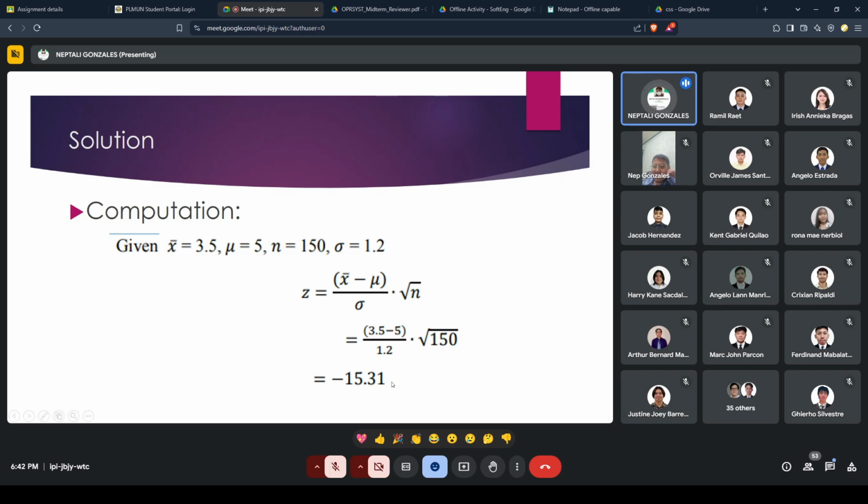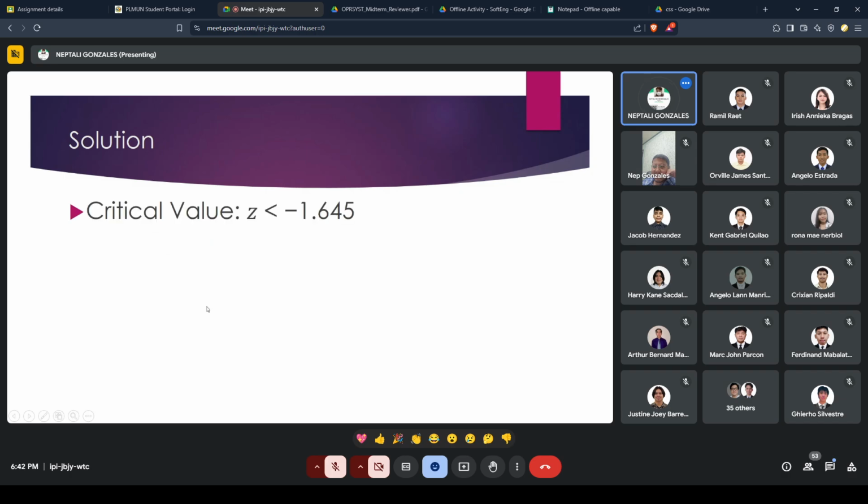And we are going to compare this in the tabular Z value. The critical value now is Z is less than negative 1.645 because this is a left tail and one-tailed lang daw. One-tailed ang ating hahanapin. Saan nakuha itong negative 1.645? Doon sa kaninang table na pinakita ko sa inyo. Negative 1.645. Left tail sa kaliwa, so negative siya.